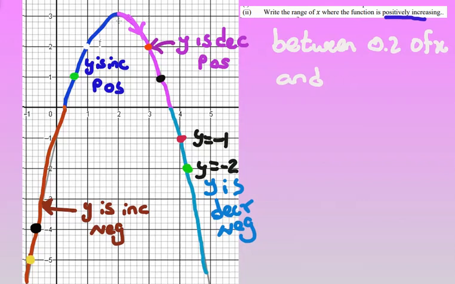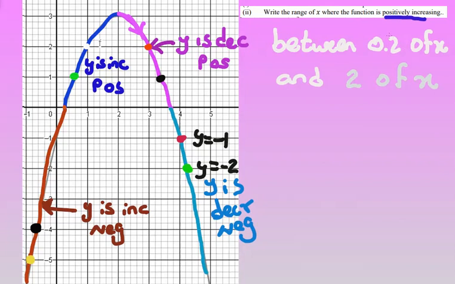So at the turning point, it stops behaving in the way of positively increasing. So what's the turning point's x value? Look down, you would see 2. So between 0.2 of x and 2 of x. The function is positively increasing between 0.2 of x and 2 of x.